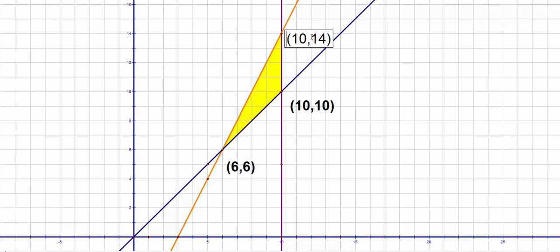So the coordinates of our corner points are simply 6, 6, 10, 10, and 10, 14. Okay, so let me know if you have any questions. All right.